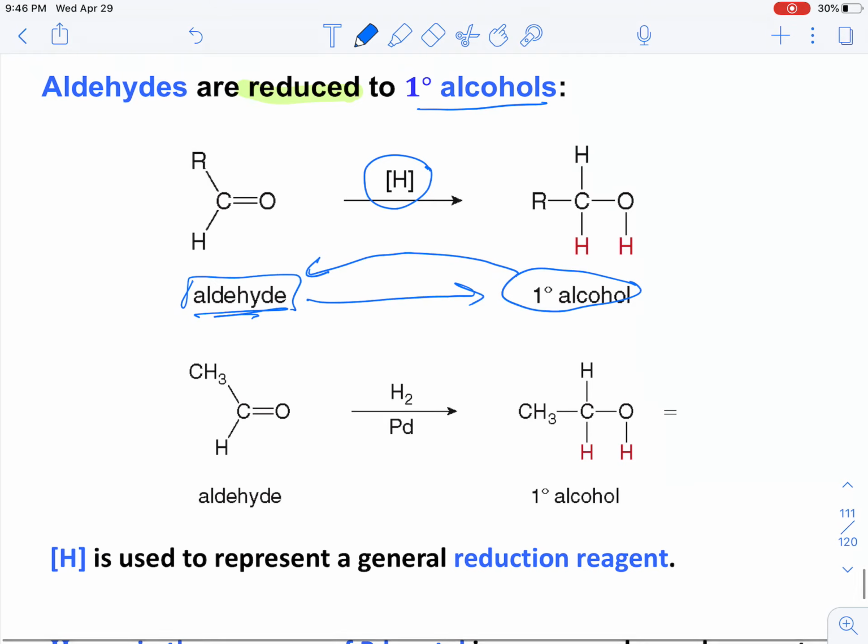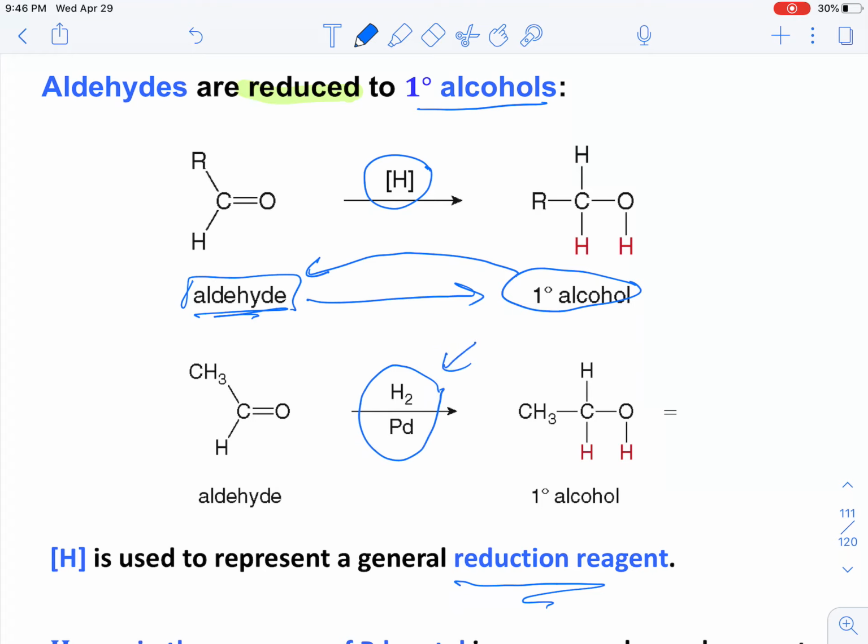And so one example of a reducing agent is something that we've already seen in chapter 11, which is hydrogen gas and palladium. So palladium is going to serve as our catalyst. And so if you guys have H2 and Pd, this is demonstrating a reduction reaction. And so if we have this 2-carbon aldehyde, and if you guys recall, a 2-carbon aldehyde is acetaldehyde. And if we reduce acetaldehyde using H2 gas and palladium as a catalyst, then we're going to get a primary alcohol.